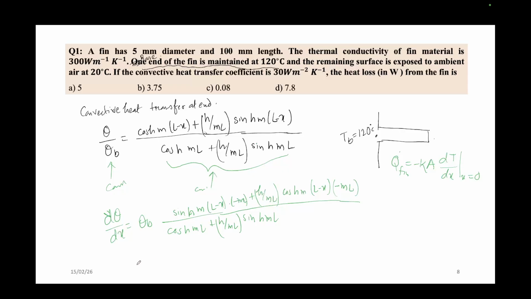So I can write ml. What is m? So all the values are known. At x equal to 0, what is theta b? Theta b is base temperature 120 minus 20. That should be 100, right?